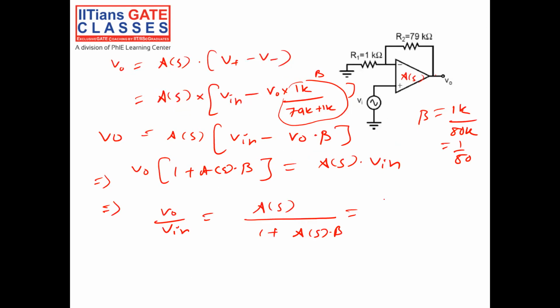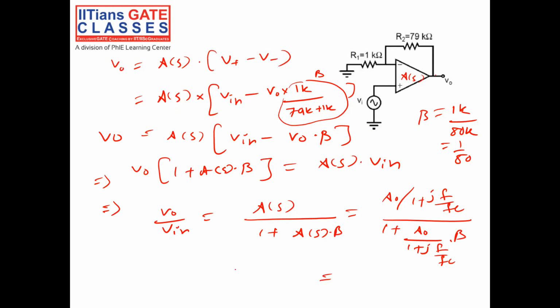Okay, As is A0 by 1 plus j into f by fc, divided by 1 plus As into beta. Let us take this to the downside.